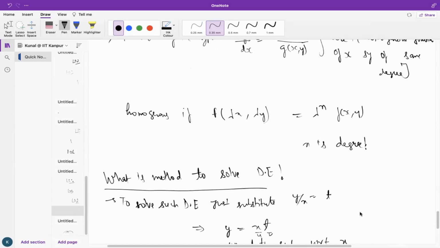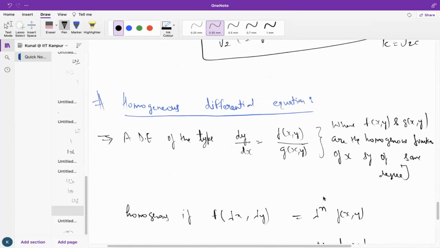Always first understand what a homogeneous equation means. A homogeneous equation is one in which the power of x and y, the degree, is the same. Okay. The overall degree should be the same. And what is the process to solve such a homogeneous differential equation? So the method is to just substitute y is equal to xt or y by x is equal to t.